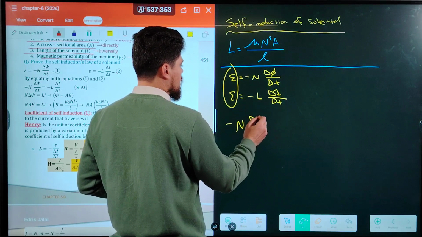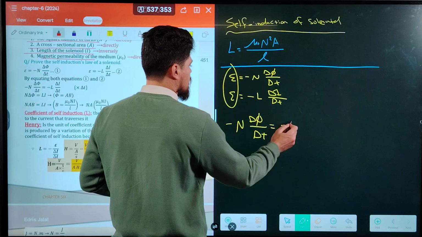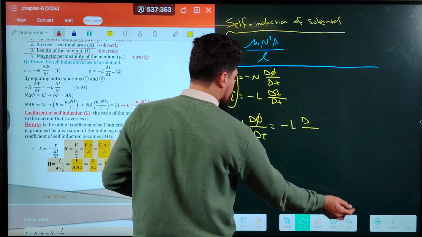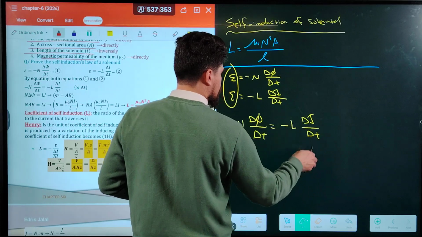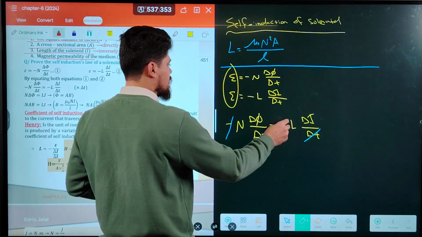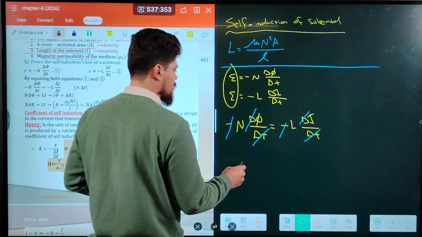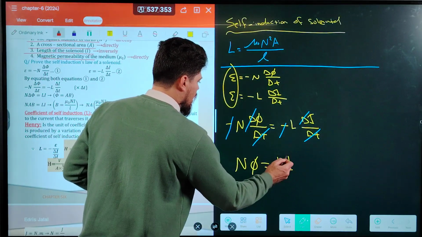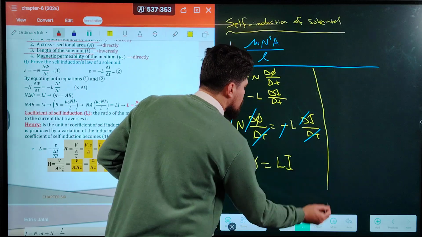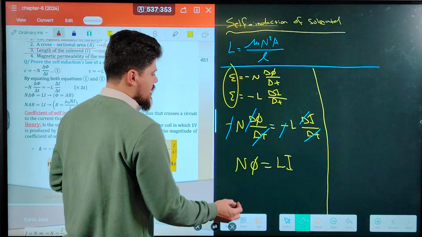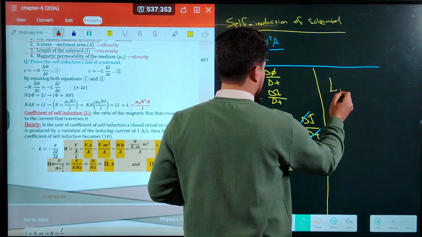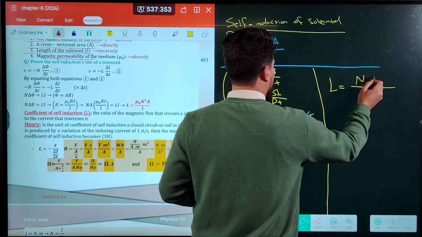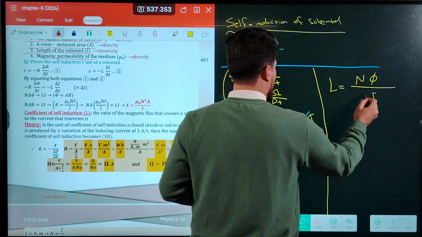Negative N delta flux over delta time is equal to negative L delta I over delta time. Time with time cancel. Negative with negative cancel. Delta with delta cancel. What does remain? N flux is equal to L I. L is equal to N flux over I.